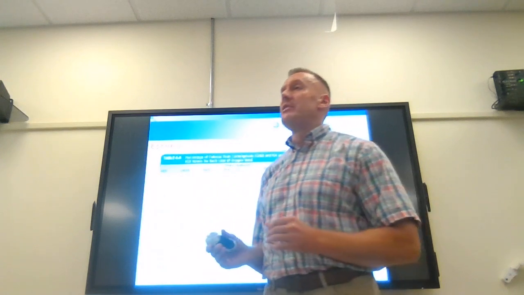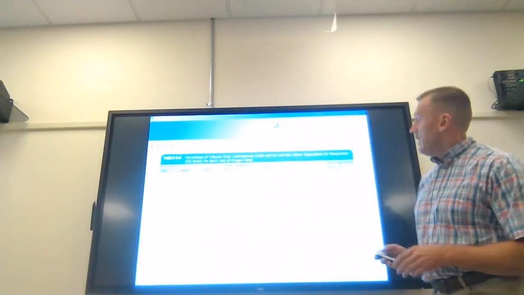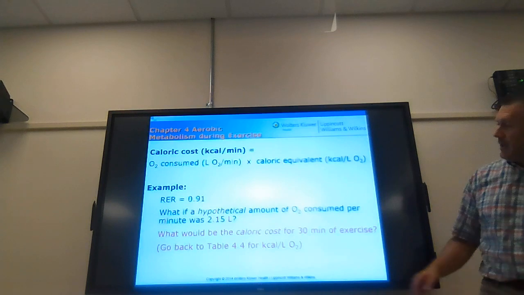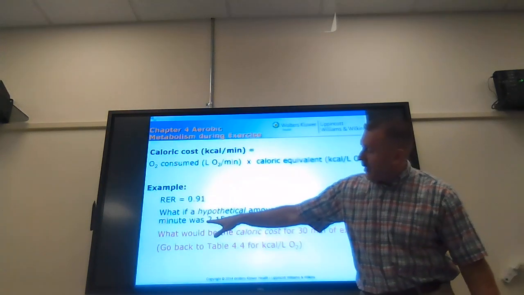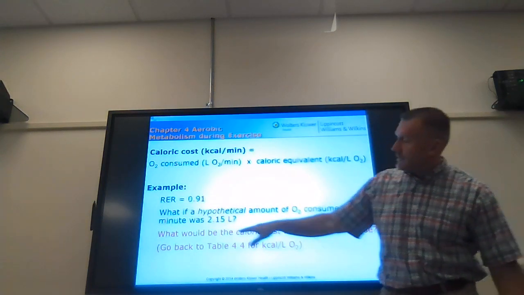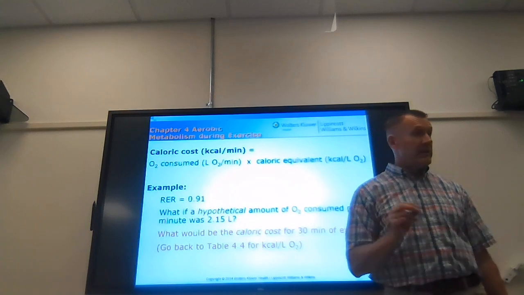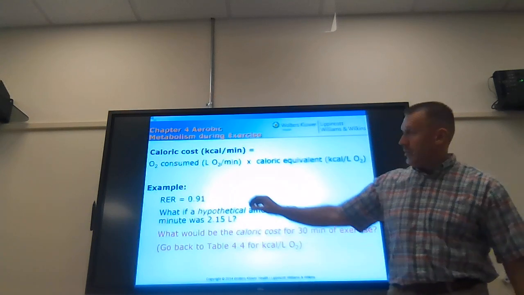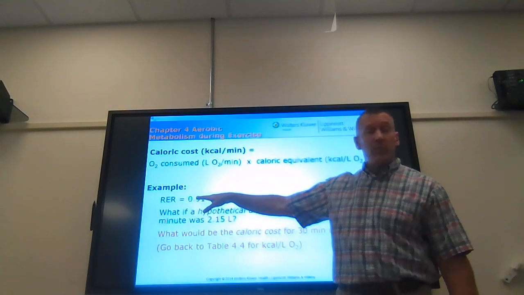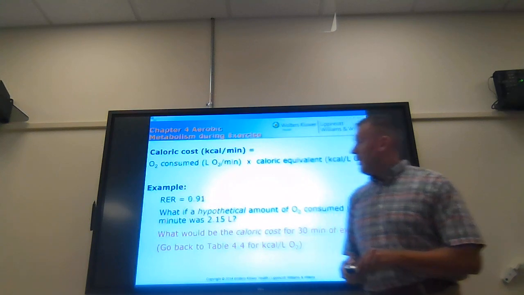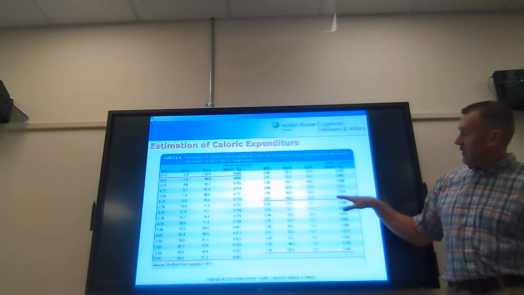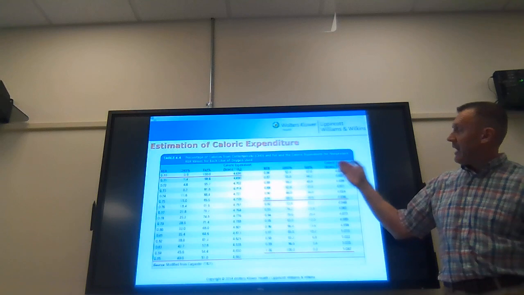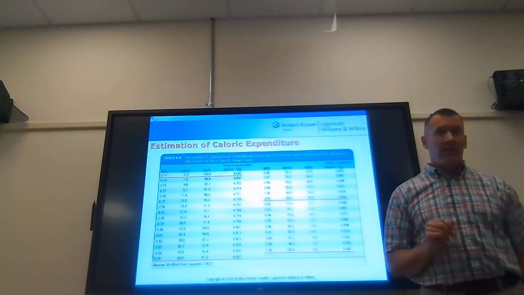318.3 total calories in 30 minutes. Okay, so again, if our hypothetical oxygen consumption is 2.15 liters, and we have a respiratory exchange ratio of 0.91, and we can say 4.936 calories per liter.